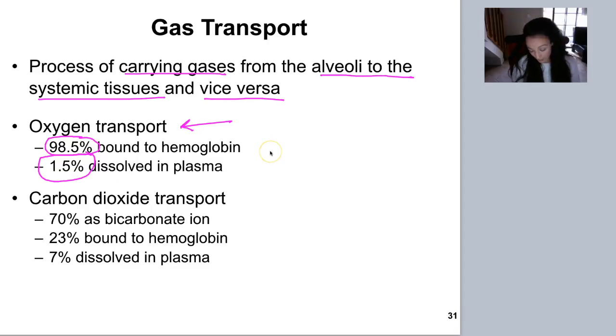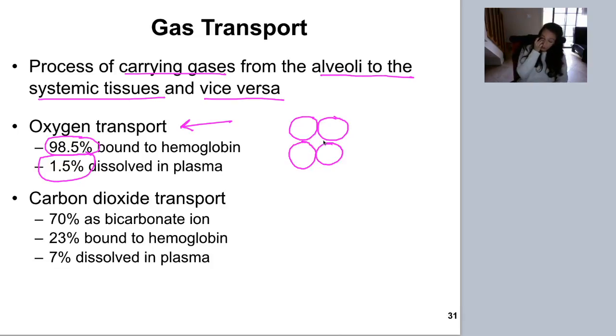So I want to remind you about the structure of hemoglobin. I know we've talked about this before, but if you remember, hemoglobin has 4 subunits. So I'm just going to draw 4 circles like this to represent each of those 4 subunits. You might remember from the blood chapter that they're called globin proteins or globin chains. So each of these subunits is either an alpha globin or beta globin molecule.